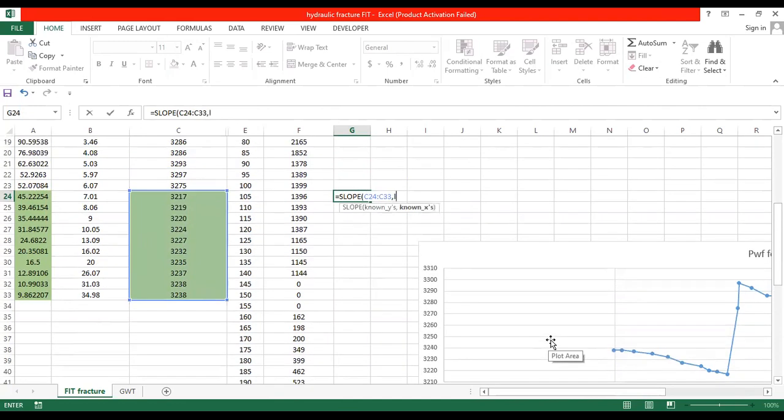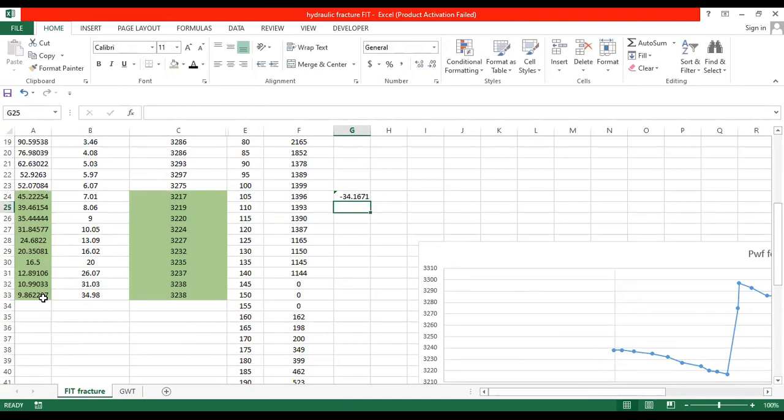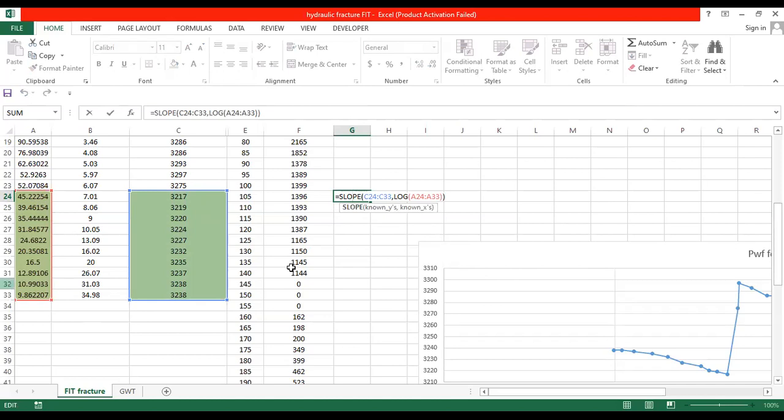So for the x-axis, we are going to use log of these values. So we got the slope as minus 34, that is the y-axis, and which is the x-axis we got.